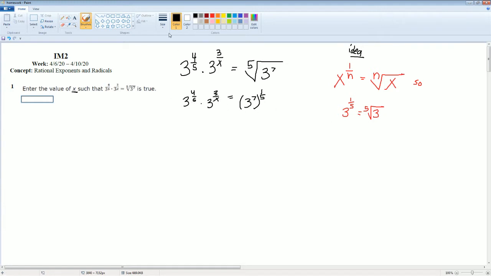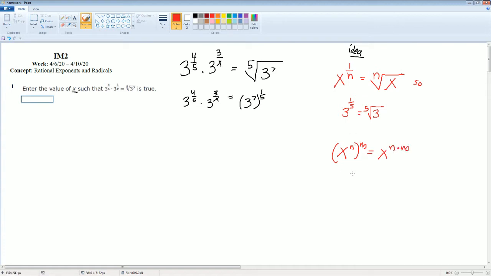We know from here the idea is that we multiply. Again, here's the idea: x to the n, to the m power, is the same thing as x to the n times m, because it gets distributed.